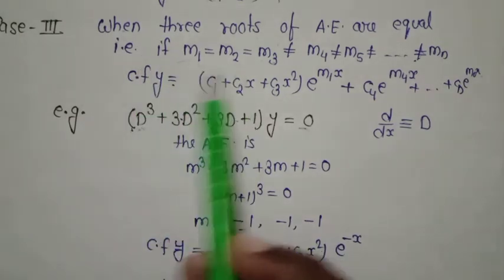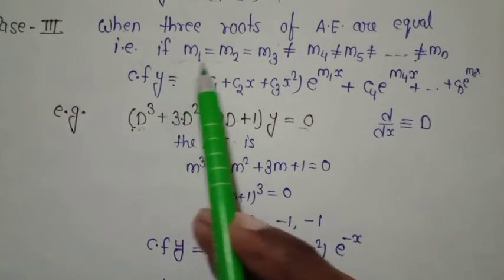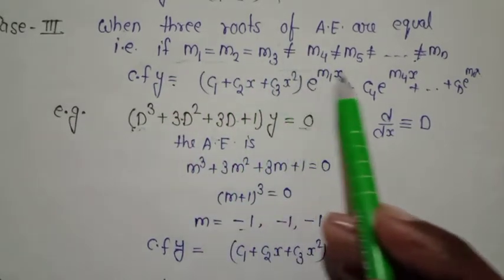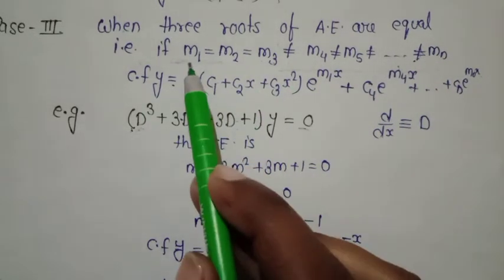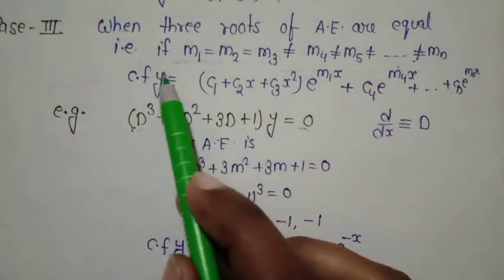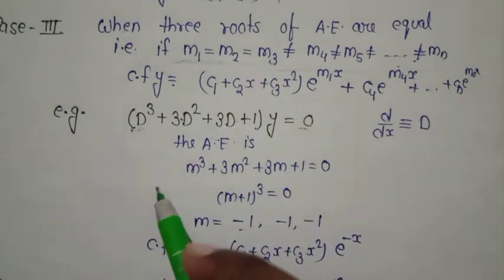So suppose I have an nth degree polynomial in the variable m. In that case, three roots are equal and the other roots are distinct, and all are real. You have to remember that all the roots are real, but yes, three of them are equal. In that case, how to find the CF for that differential equation?